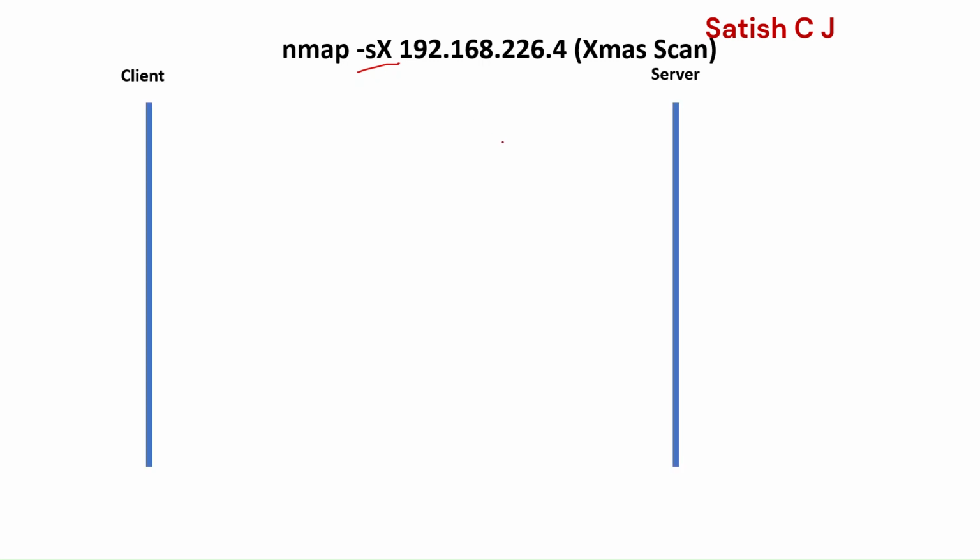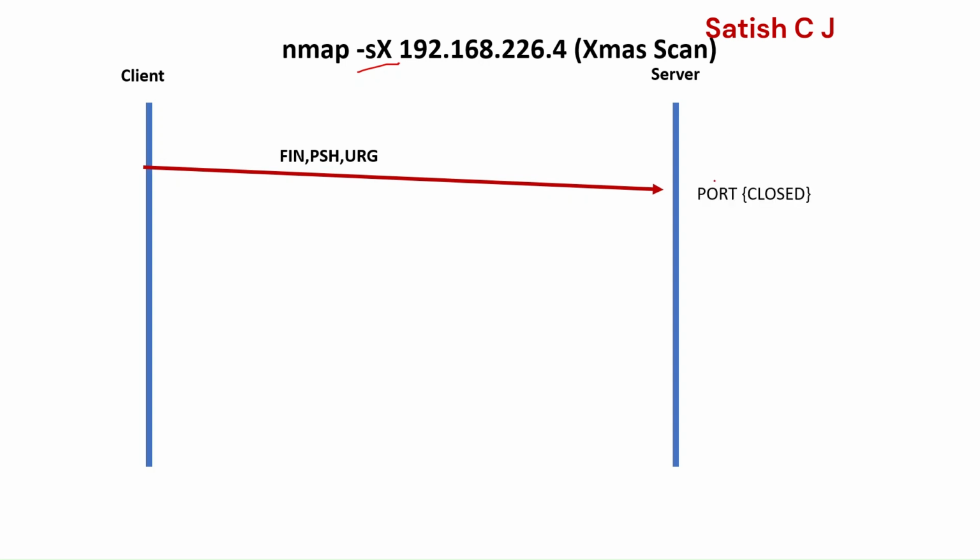The next scan we are going to take a look at is the SX scan, or the Xmas scan. What is the use of the Xmas scan? From the client, we'll directly send a packet with these flags set: FIN, PUSH, and URG set to 1, whereas all the other flags, SYN, ACK, all these flags are set to 0. When the server gets this, if the port is closed, it will respond with an RST. That is the standard.